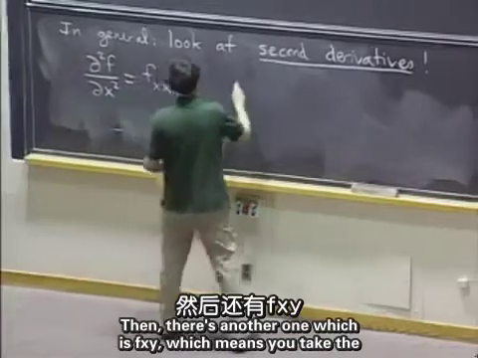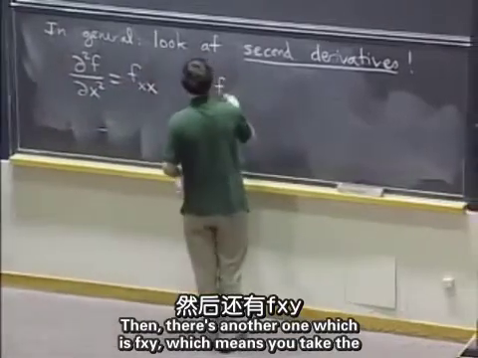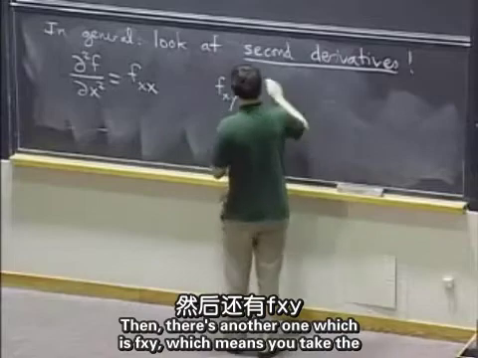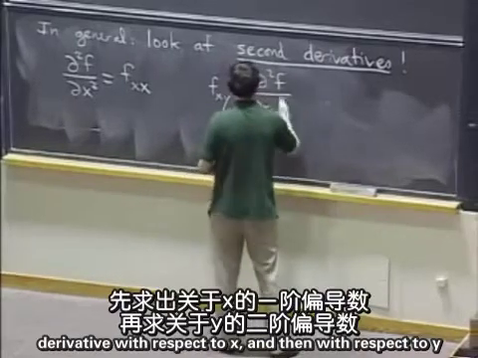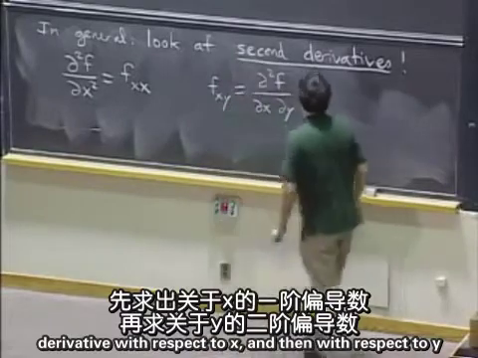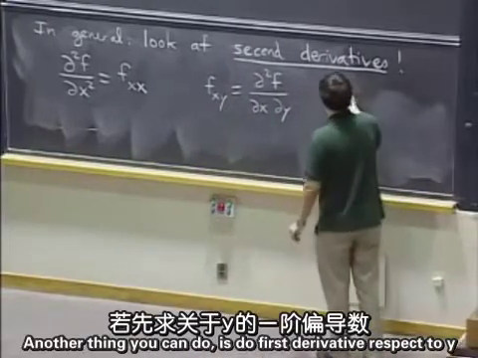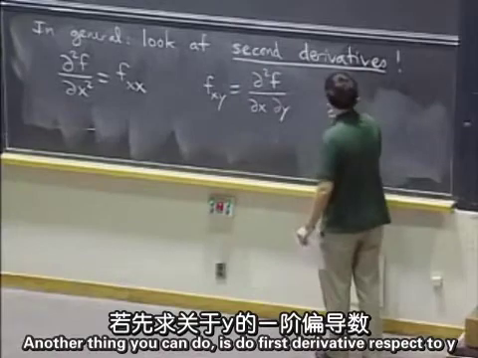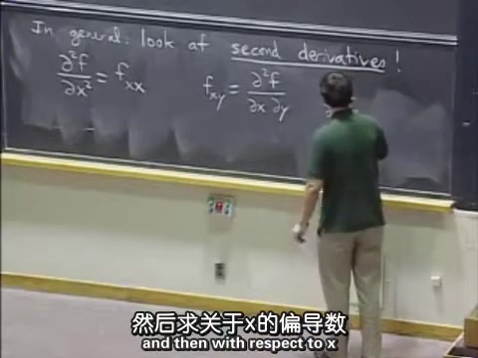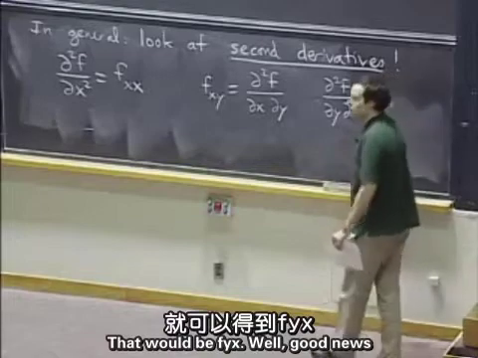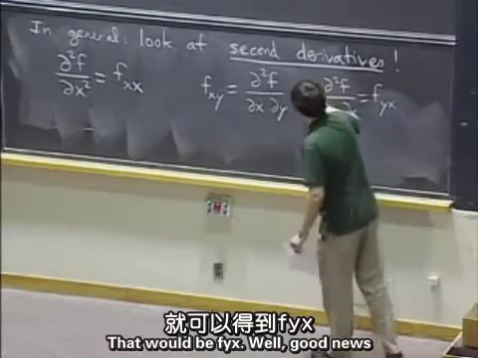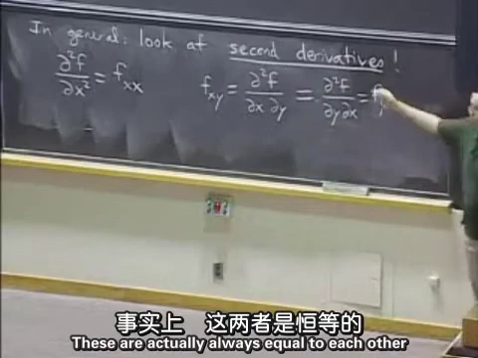Then there's another one, which is f sub xy, which means you take the derivative with respect to x and then with respect to y. Another thing you can do is first derivative with respect to y and then with respect to x. That would be f sub yx. Well, good news, these are actually always equal to each other.